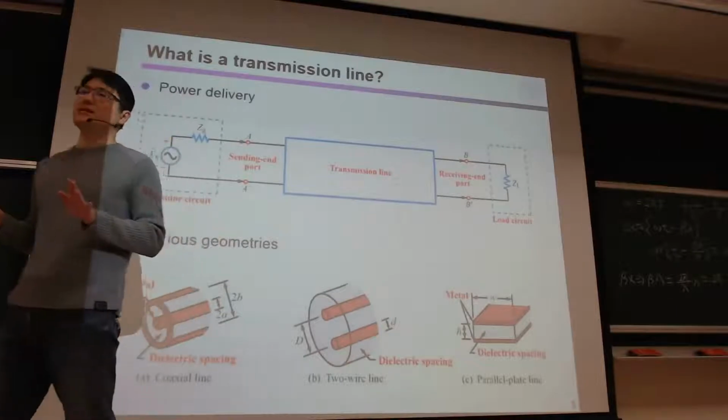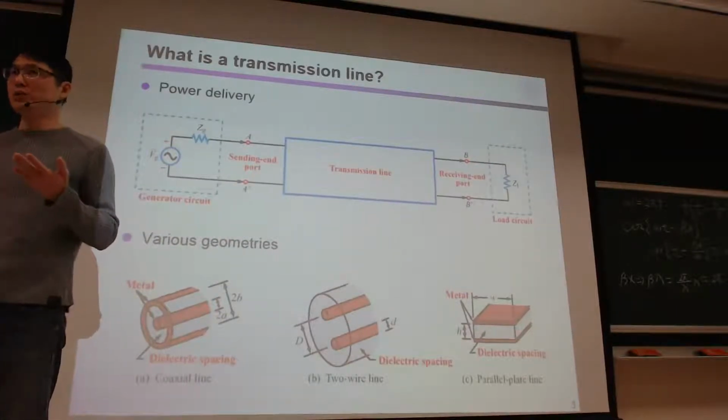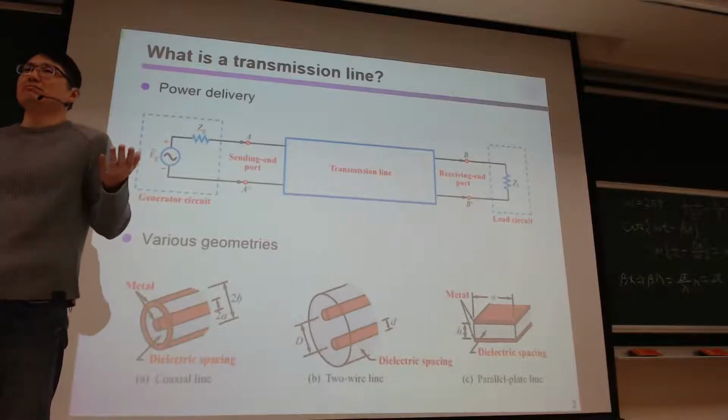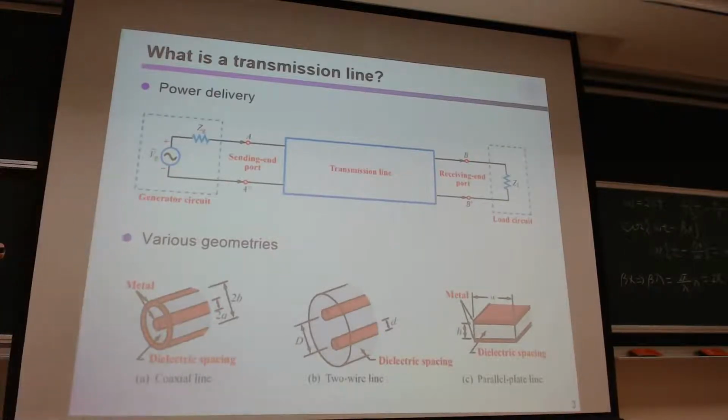But in any case, transmission lines usually are comprised of two metallic geometries. Okay? So very clear. If we want to deliver the power in the form of electromagnetic waves, we need to have transmission lines to do that for us.